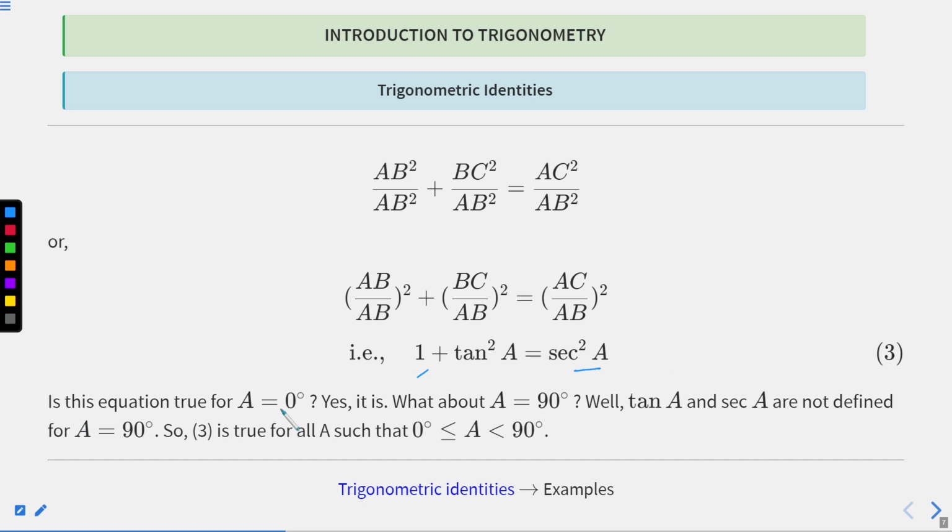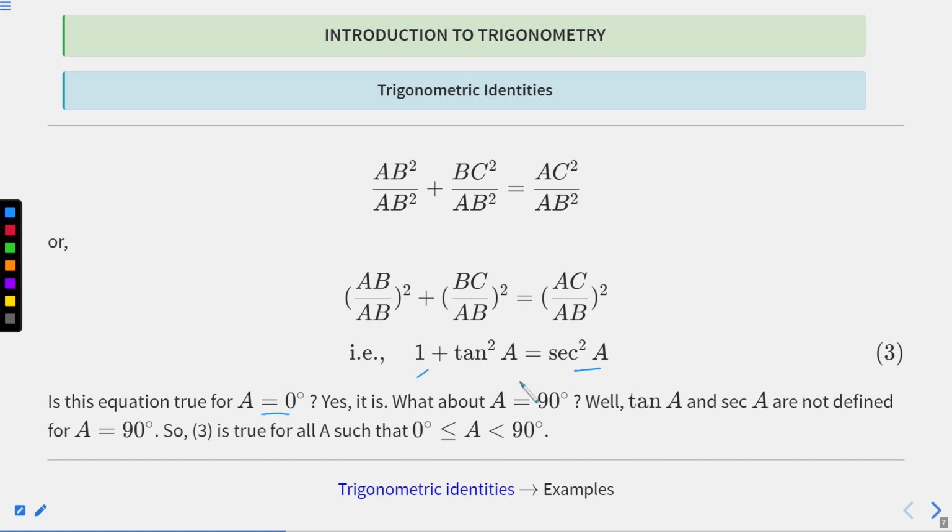Okay, and is this equation true for A equal to 0 degree? If we substitute the value A equal to 0, then in the left hand side we get 1 plus tan square 0 degree, which is equal to 1 plus 0, is equal to 1.